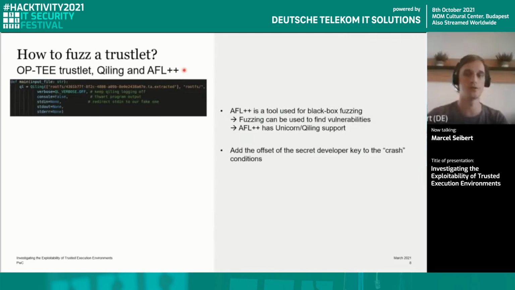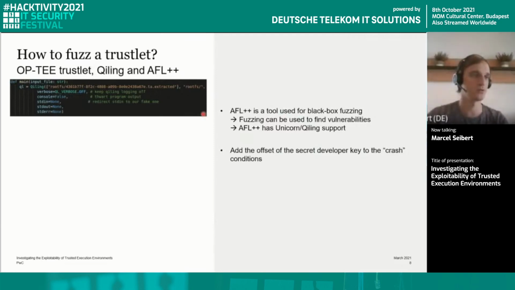For us it would be the branch 200. The good thing is that AFL++ also has support for Qiling or also for Unicorn, so it has support for the emulation part. That's good because we can just retake our previous file for the emulator, change some things, but mostly it will be the same.